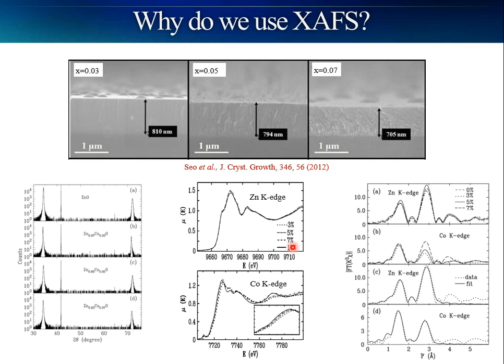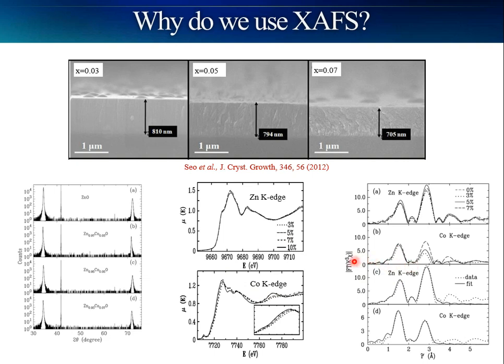Normally, we took the SEM image on the top here and XRD to the right. As you see in the two figures, SEM and XRD, there are no significant discrepancies between specimens. At the time, we had the XAFS experiments at zinc K-edge and cobalt K-edge. The XANES in the center here and the EXAFS to the right are presented.